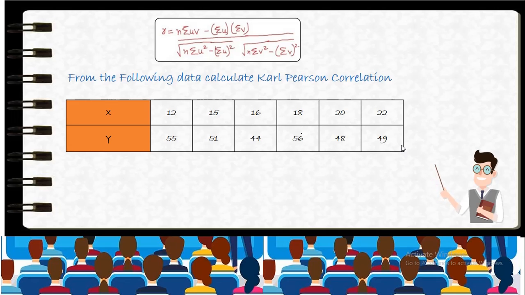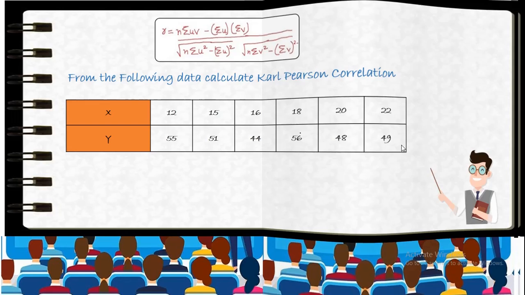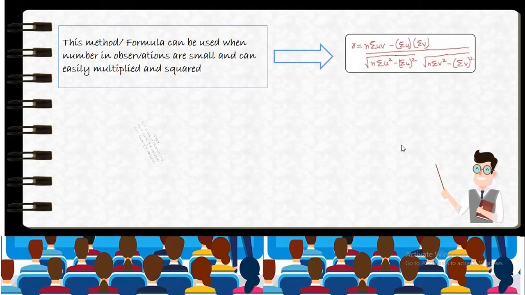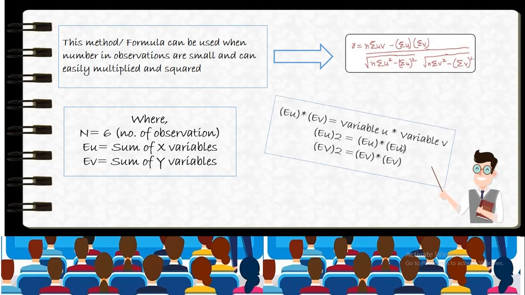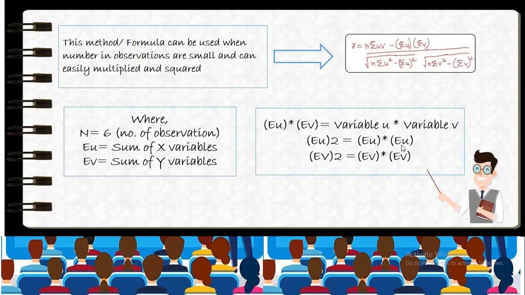If it is a full number, we can use the mean deviation formula. This formula will be used, as I said, when observations are small and can easily be multiplied and squared.